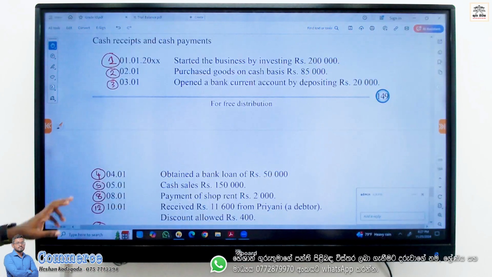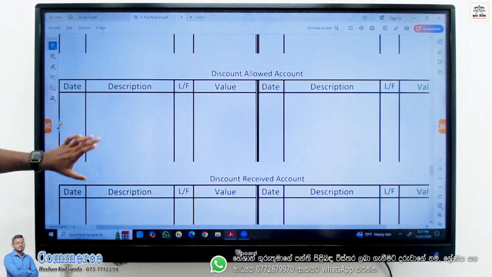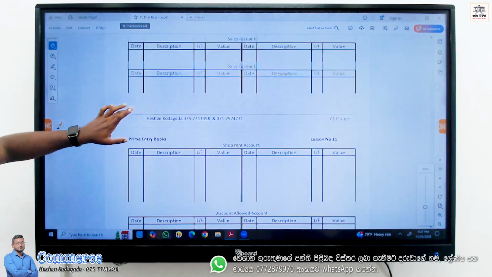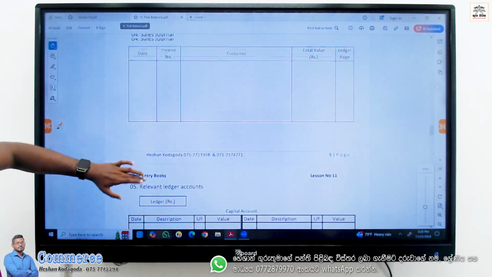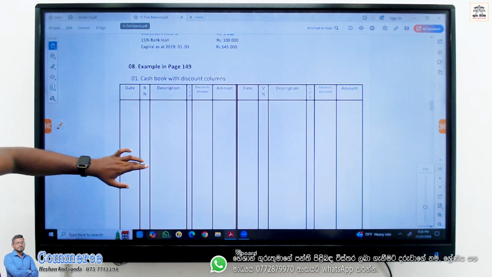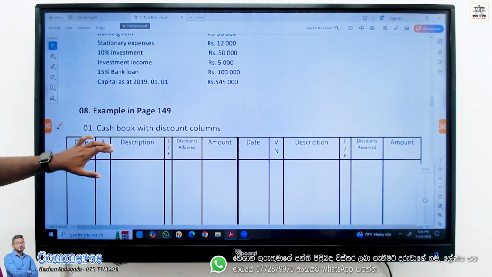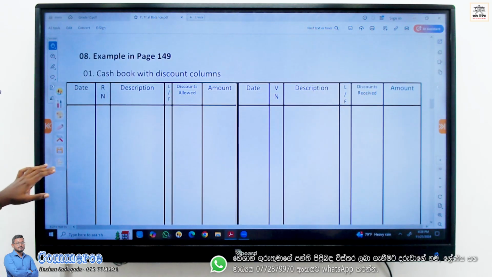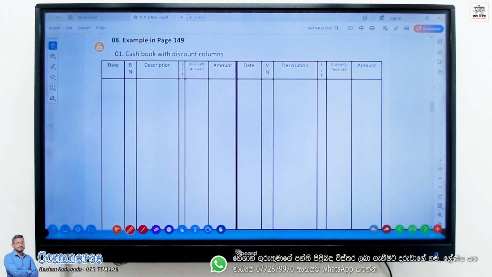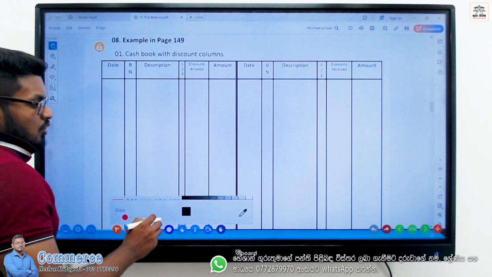In the Tute page number 4. Understand? So first of all, record the things in here.